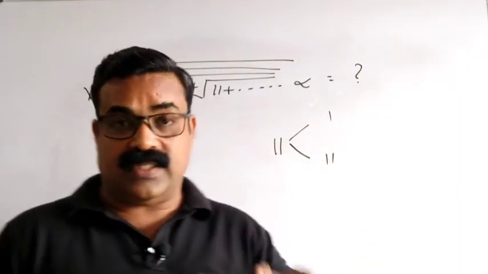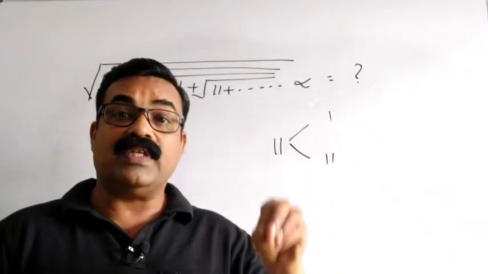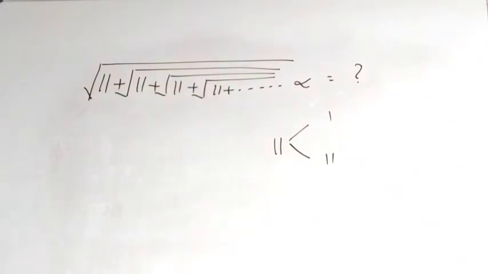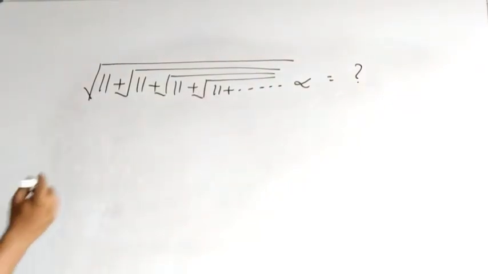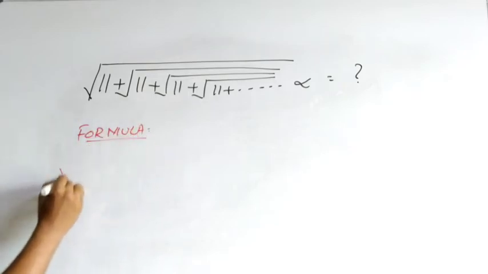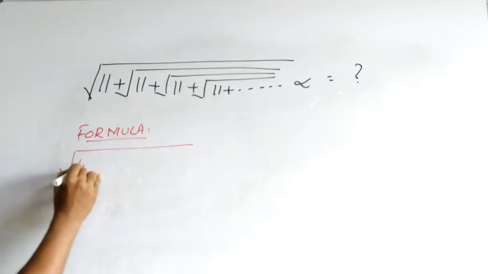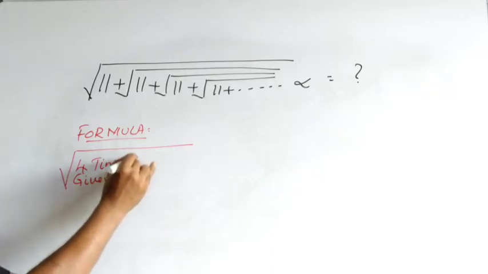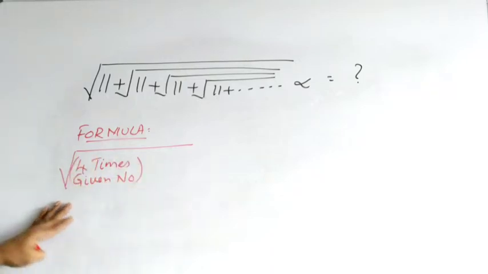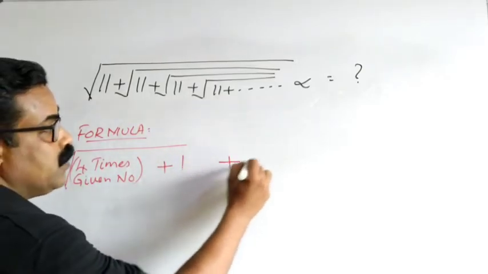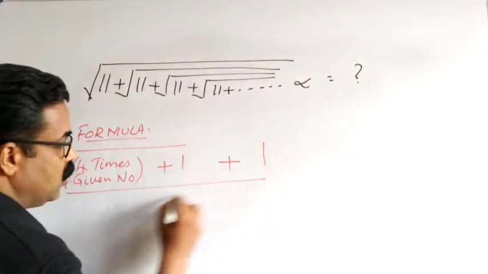So if you have a question like this, what will we do? We have a special formula for that. Kindly note the formula. Let me write the formula first. When we have numbers like this, the formula is: under root, 4 times the given number plus 1, up to here it will be in root, plus 1 outside, divided by 2.